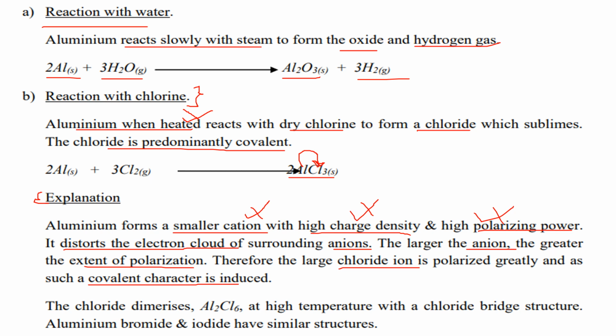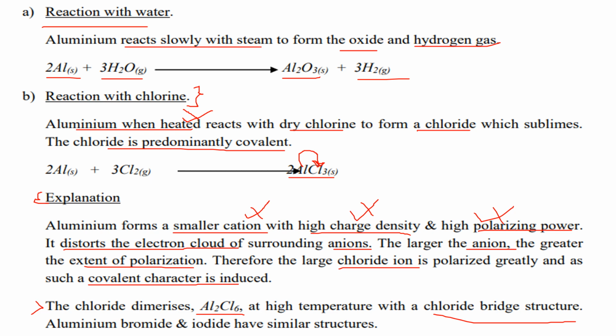And then paragraph 2, we are saying that the chloride dimerizes. That means that in air it is going to exist as aluminium 2 chloride 6 at a high temperature with a chloride bridge structure. And we are saying that aluminium bromide and iodide have similar structures. They have similar structures because the aluminium ion in aluminium chloride or aluminium bromide or aluminium iodide has a smaller ionic radius.